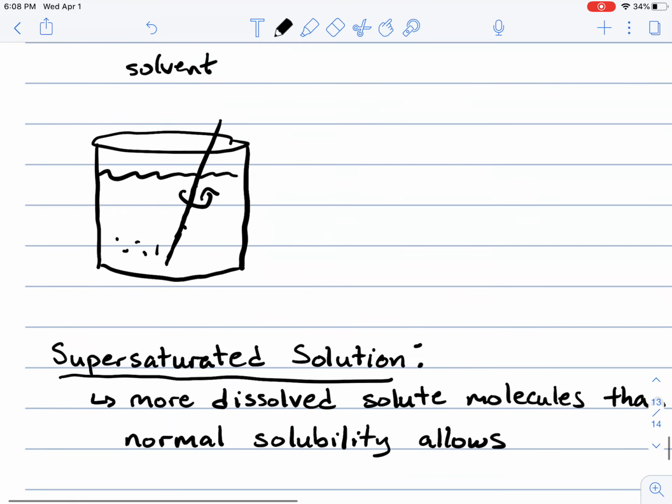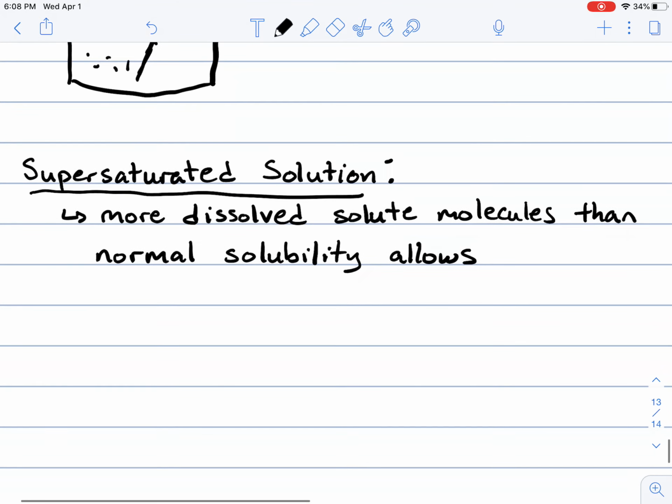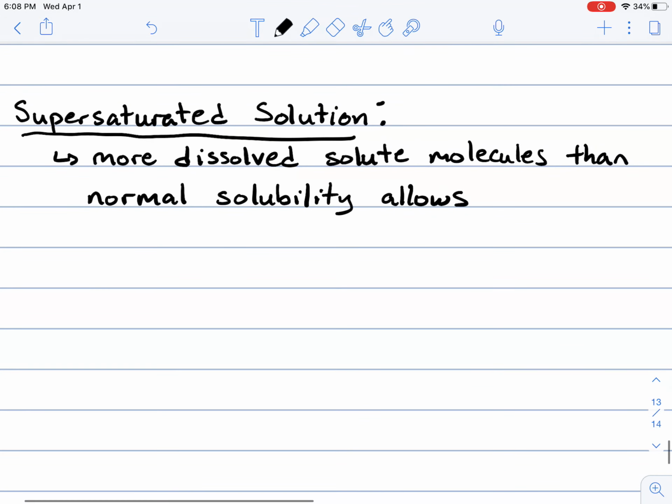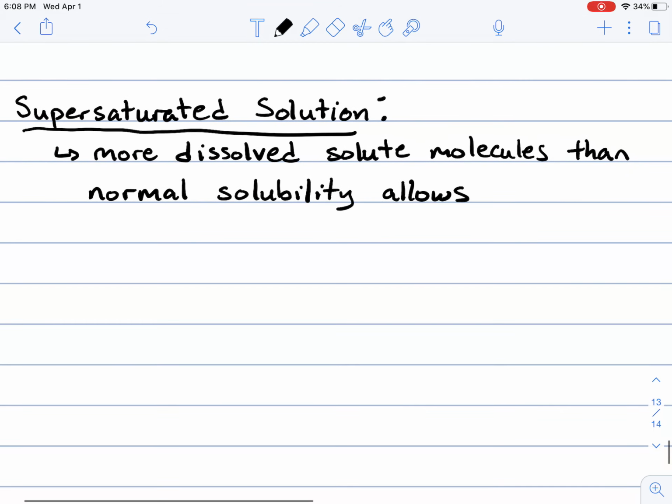Last but not least, you can get a supersaturated solution. And supersaturated solutions have been used in industry, specifically, I guess a low-hanging fruit would be rock candy. And so you guys can actually do this at home. You can take some water and boil it and just add a whole bunch of sugar.